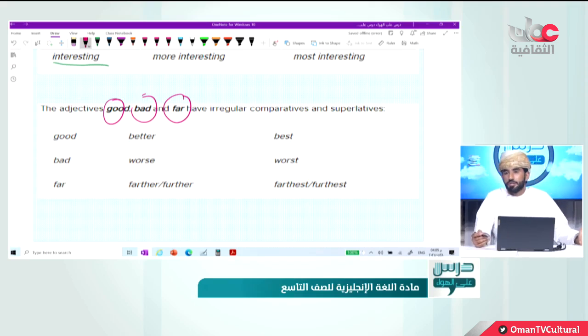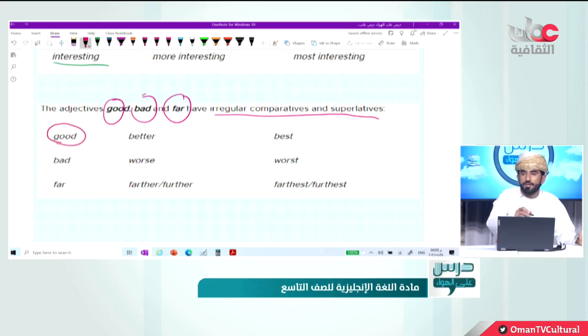Do you remember the regular verbs and irregular verbs? Like, for example, go, we said went and then gone, and we say, for example, walk, walked, walked, regular. Again, good, bad, and far, they are irregular comparatives and superlatives. They change. Good, for example, this is a good lesson.